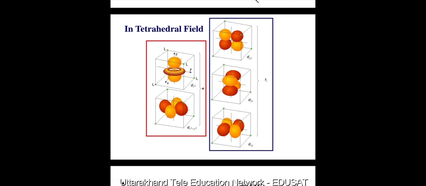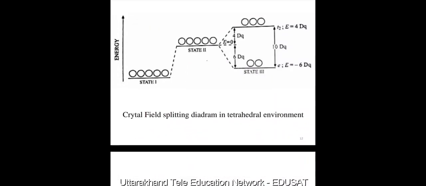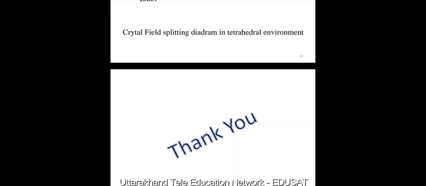This is because the electrons in the three orbitals would be repelled by ligand electrons more strongly than electrons in the two orbitals. So the d orbitals are again split into two groups but in the reverse order. The three orbitals are designated as T2 and the two orbitals are designated as E. And this is the crystal field splitting in tetrahedral complexes. Thank you.